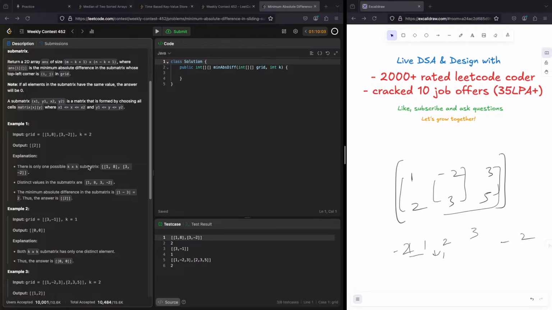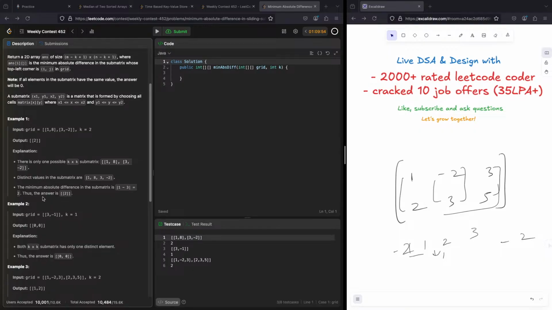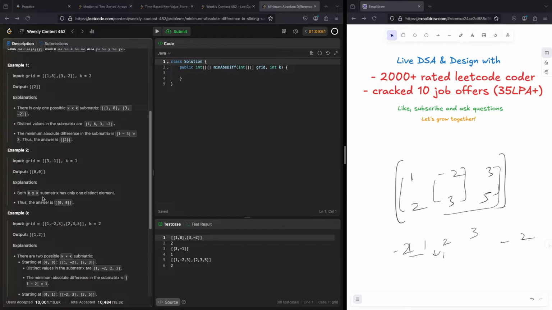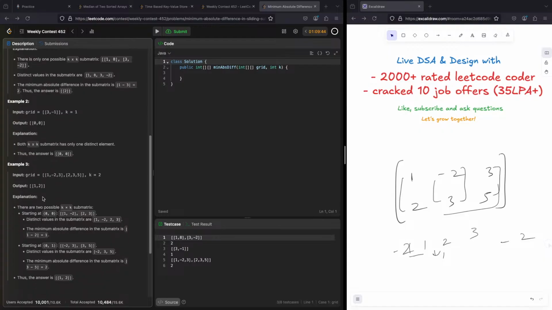Minimum absolute difference. Basically it is a traversal problem where we go from here to here and then here to here, right?